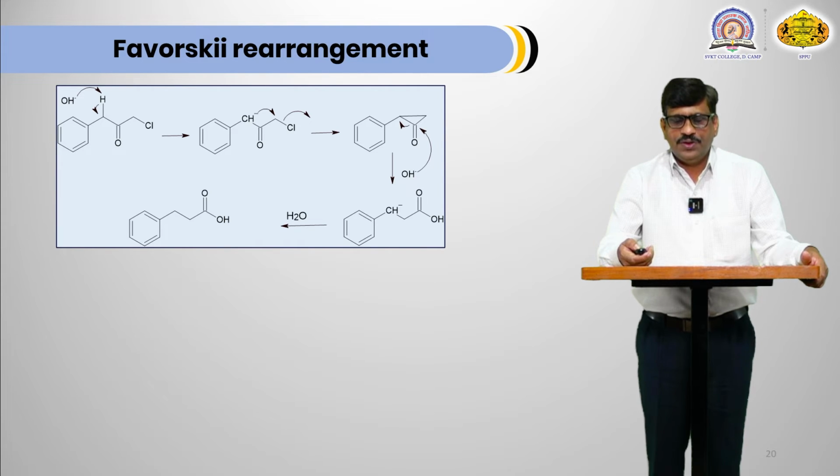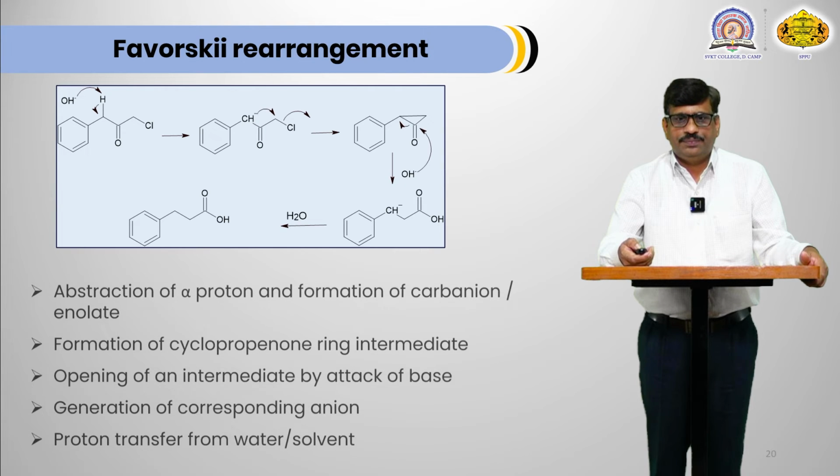Another molecule or anion of base, that is OH minus, attacks that carbonyl carbon and ring opening takes place. Opening of the ring takes place in such a way that it should produce the more stable carbanion. After protonation of the carbanion, we get the final product.